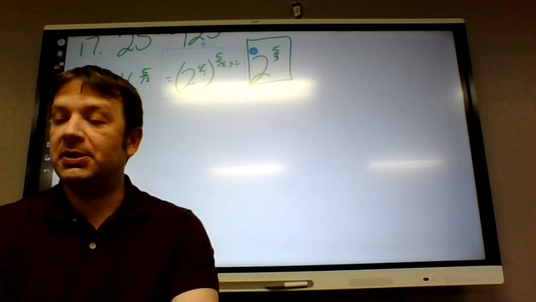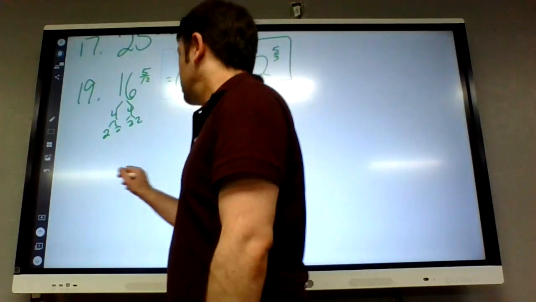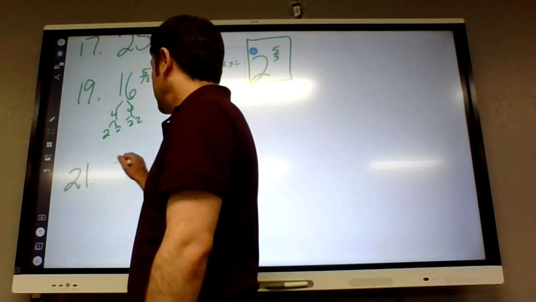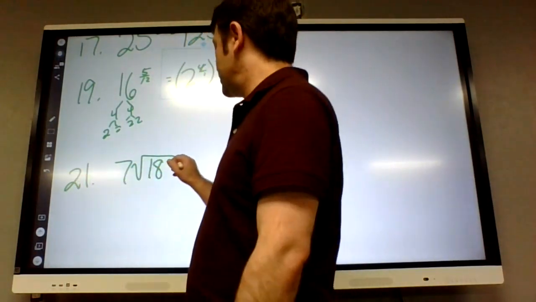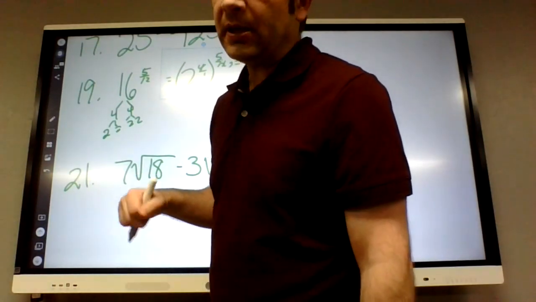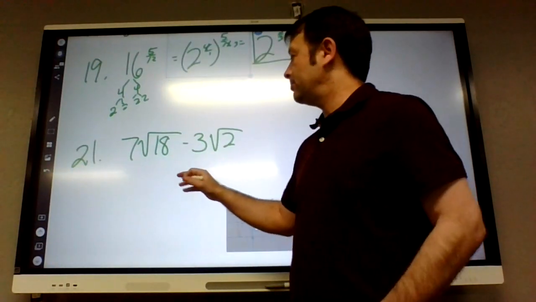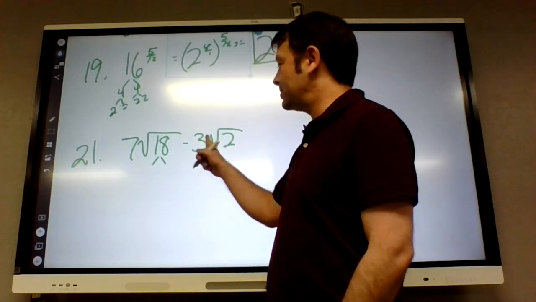21 is kind of easy. Can a calculator do 21? Yes, it can. When can the calculator not do it? When they start changing it to cube roots, which they will later on. You could do it by hand. Right now, these two don't add together because they're not like terms.